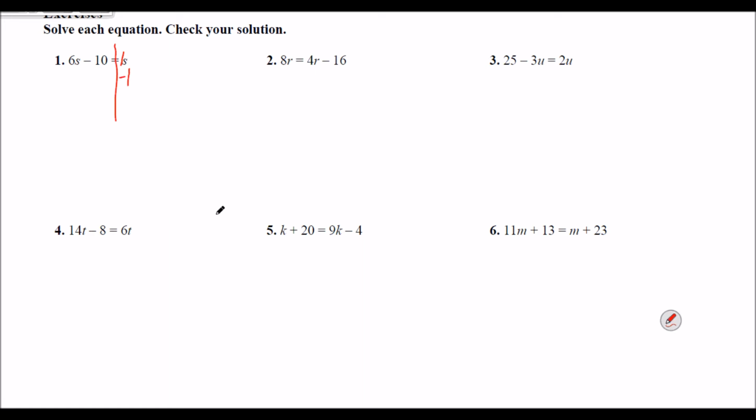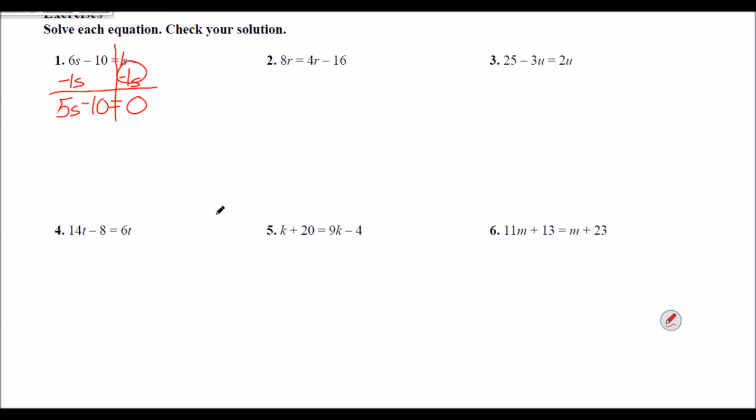So if we choose to subtract the 1s, when I get rid of it over there on the right side, because I don't have anything to bring down, I must bring a 0 down to hold my place value on the right side of the equation. Okay, on the left side of the equation, I have 6s minus 1s, which is 5s, and then subtract 10 also comes down. Okay, at this point, again, the left side is more important because that's where the variable's at.